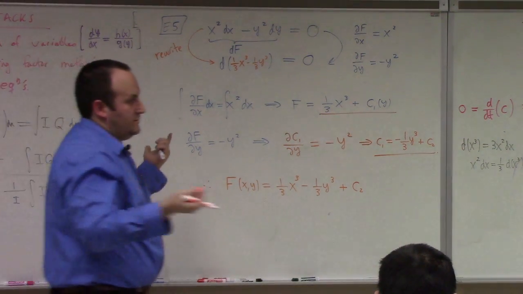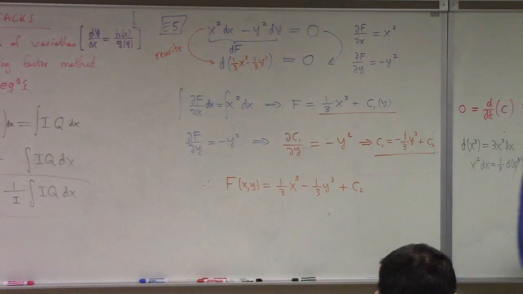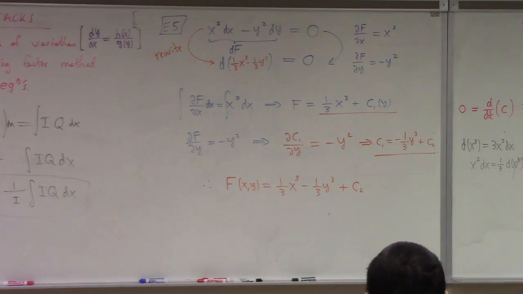And then, this discussion over here shows you that if you look at the level curve, F equal to a constant, that makes what? That makes the total differential be 0.